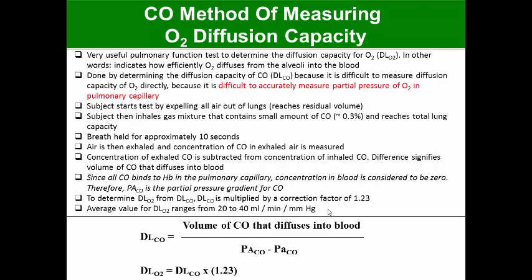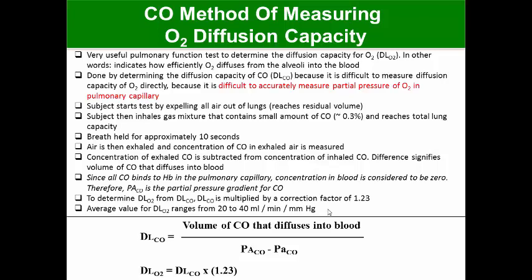So we finished with the perfusion limited and the diffusion limited exchange of gases, and now let's describe a very important physiological concept, which is the diffusion capacity. And how can we measure the diffusion capacity for oxygen?